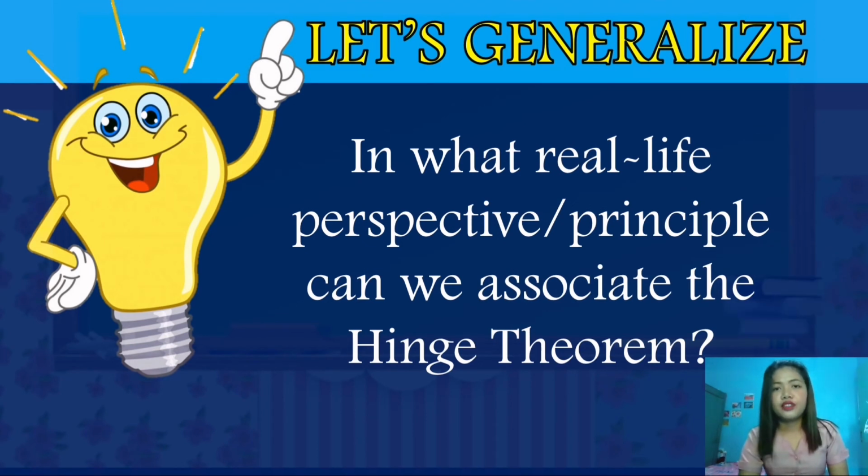So, if two sides of two triangles are congruent and the measure of the first angle is larger than the second, then the third side of the first triangle is longer than the second. Okay, in what real-life perspective or principle can we associate the Hinge theorem? I-compare naman natin siya sa totoong buhay.